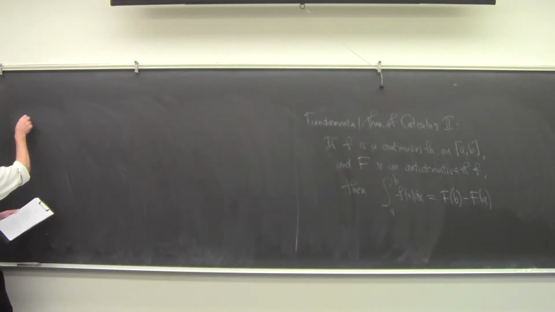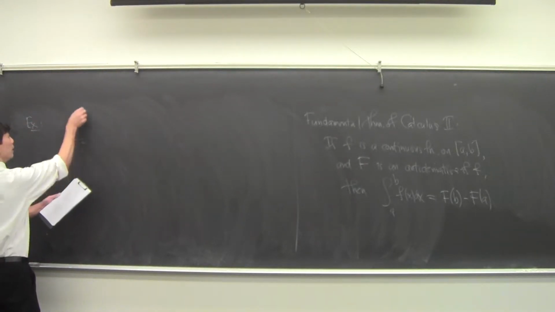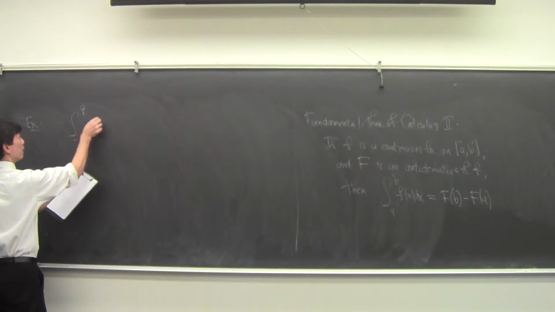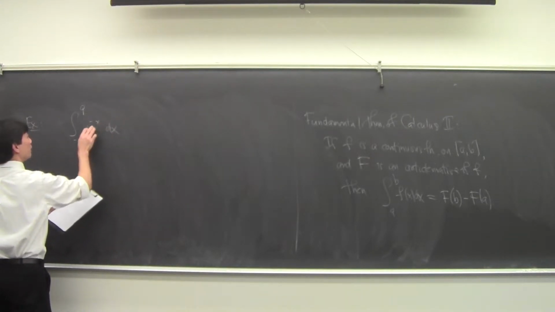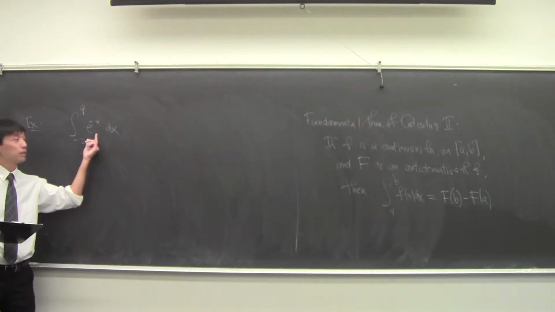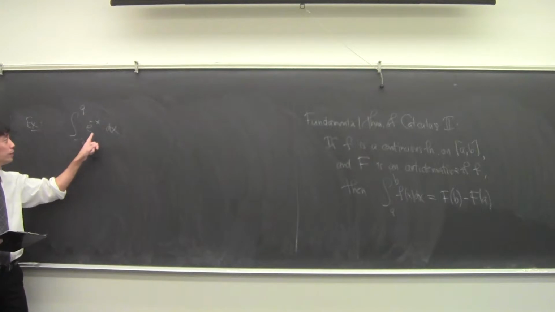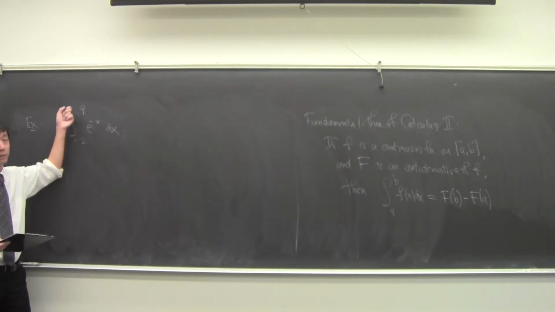So see if you can use it. Here's an exercise for you. I'm asking for the definite integral of e to the negative x over the interval -2 to 9. So your function is e to the negative x, going from -2 to 9.